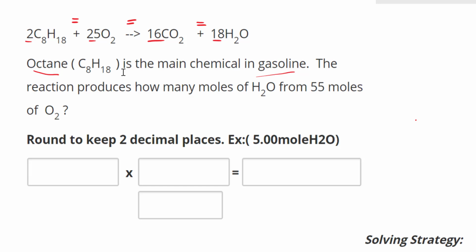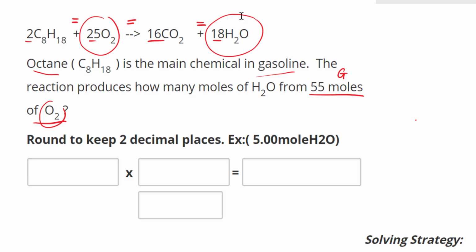Octane is the main chemical in gasoline. The reaction produces how many moles of water from 55 moles of oxygen? Our 2 chemicals that we are going to work on are, from our given right here, oxygen, so we are going to focus on that one. And the other one is water.